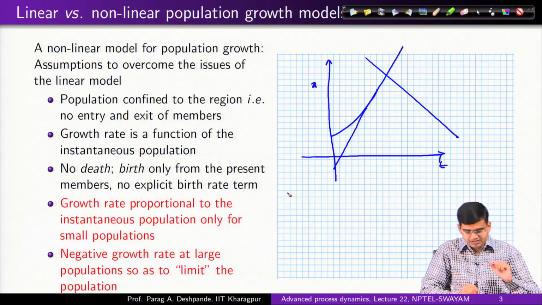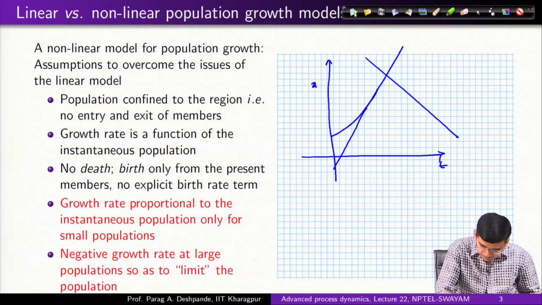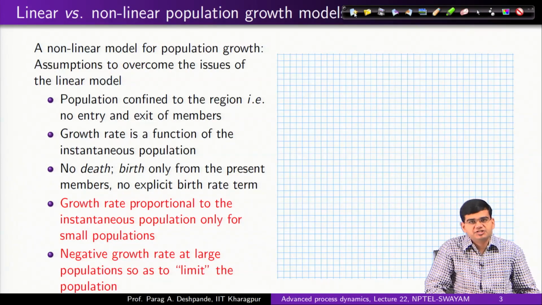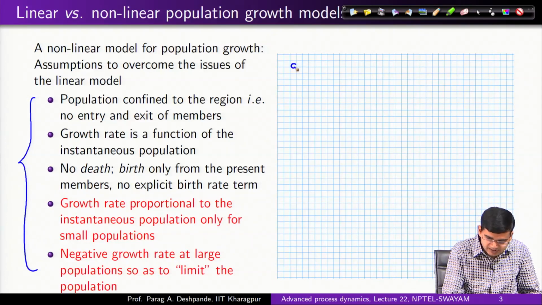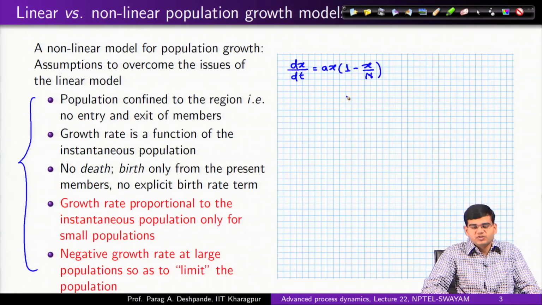This is my expectation, and the model equation which satisfies all of these conditions goes like this: dx by dt is equal to a x times 1 minus x upon n. Okay.